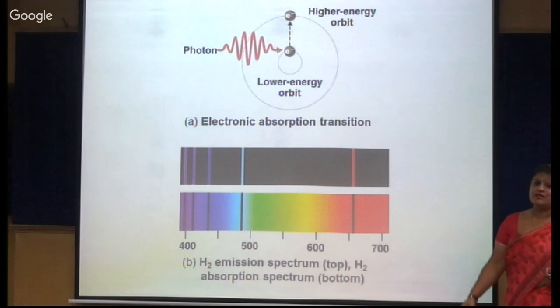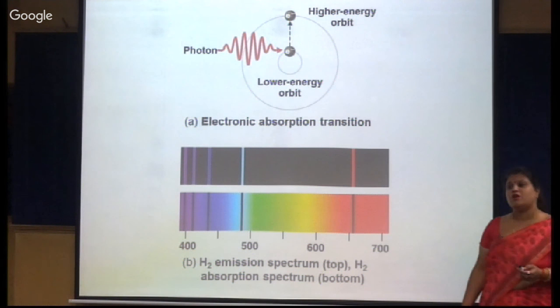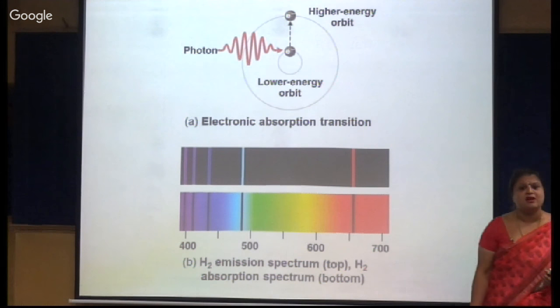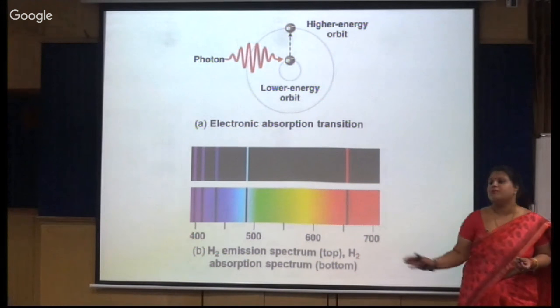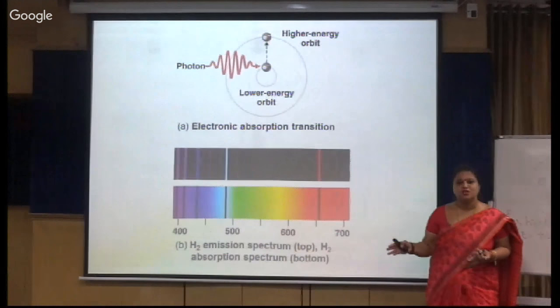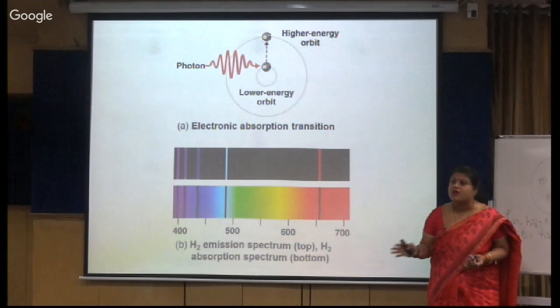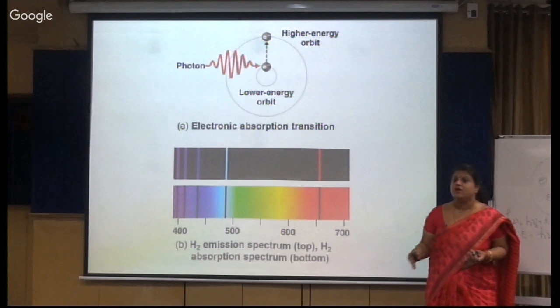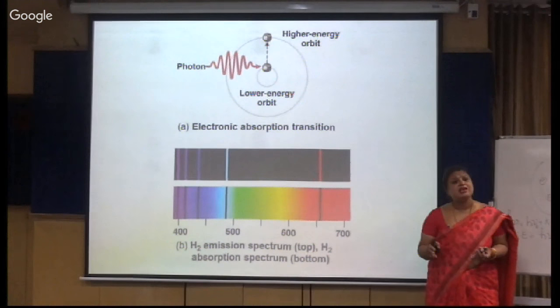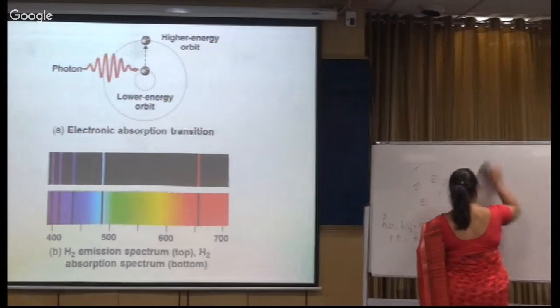Now, as I've just said, we'll be discussing the spectra also, because according to Rutherford's model, all elements should have a continuous spectra. But Bohr's model, which came into the picture, is dependent totally on Planck's quantum theory, which is dependent on the particle nature of radiation, the particle nature of light.